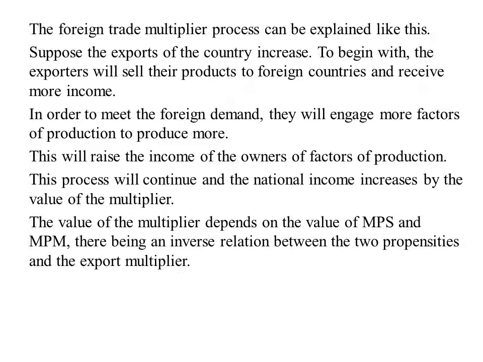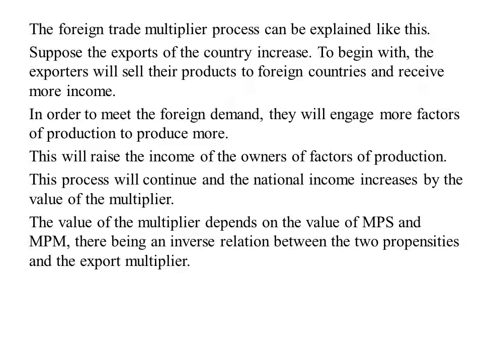In order to meet the foreign demand, they will engage more factors of production to produce more quantities. This will raise the income of the owners of factors of production. This process will continue and national income increases by a value of the multiplier.